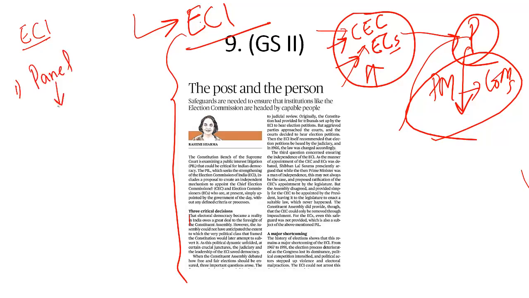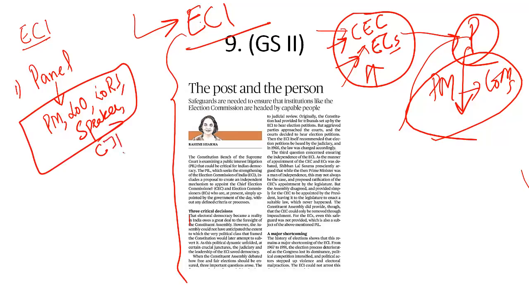By a panel consisting of Prime Minister of India, Leader of Opposition in Lok Sabha, Leader of Opposition in Rajya Sabha, Speaker of Lok Sabha. We can also involve Chief Justice of India. So it is through this panel or through this committee that names should be recommended to the president for appointment.